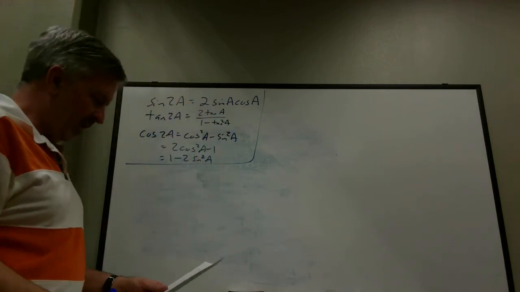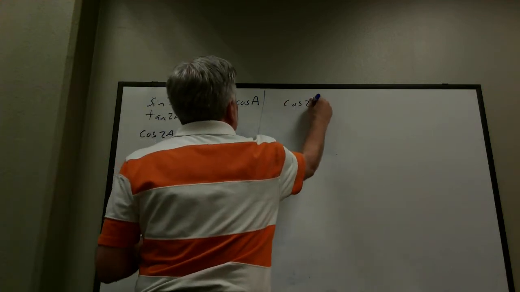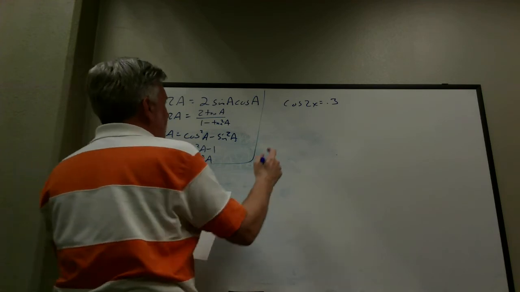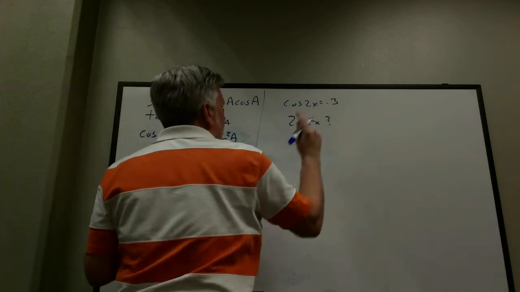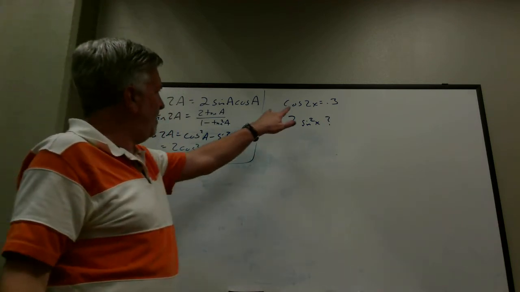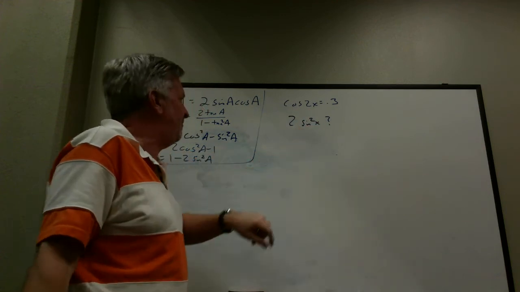So the next example says, suppose cosine of 2x was equal to 0.3. And the question says, what is 2 sine squared x? Okay, interesting. So they tell us about one thing, cosine 2x, and they want to know about something that looks completely different.